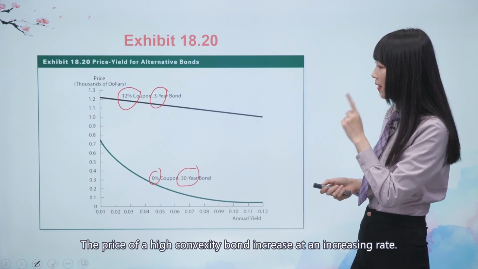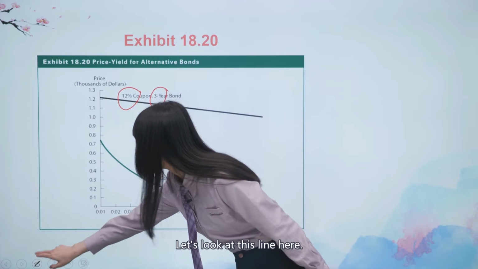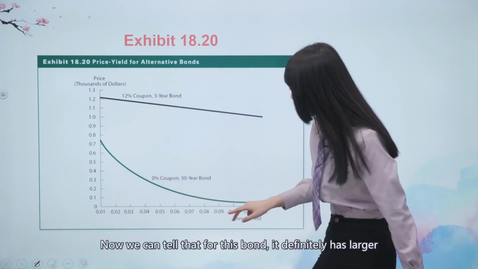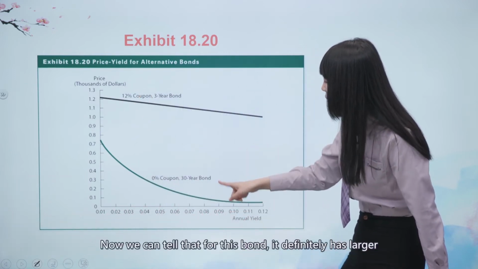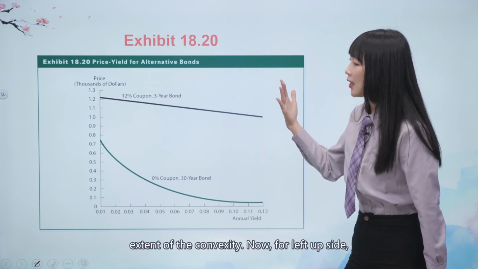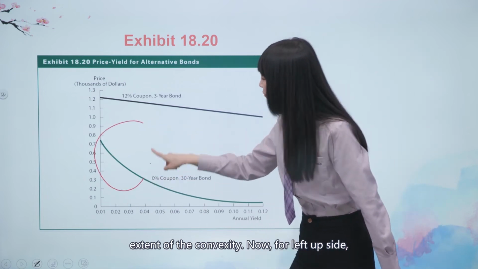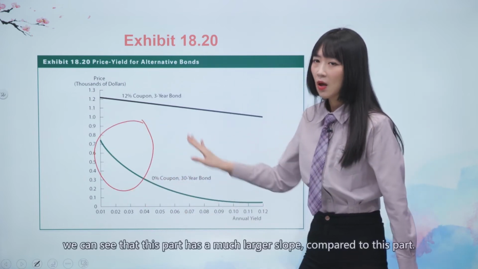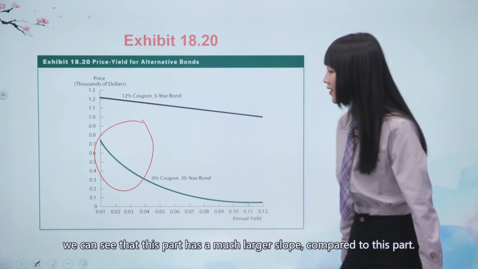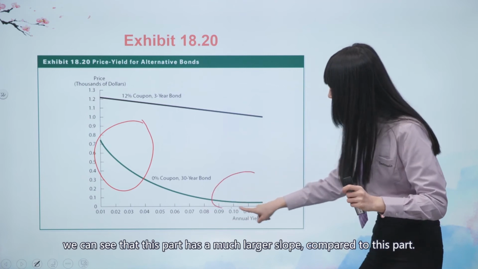Now, the price of a high convexity bond increases at an increasing rate. Now, let's look at this line here. Let me clear the board for you. Now, we can tell that for this bond, it definitely has a larger extent of convexity. For the left upper side, we can see that this part has a much larger slope compared to this part.